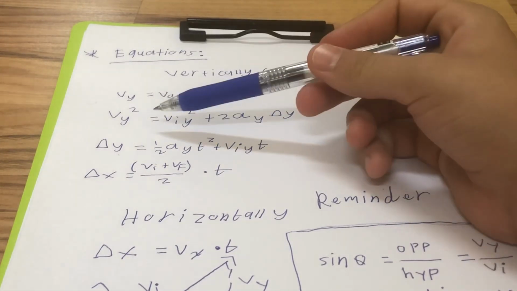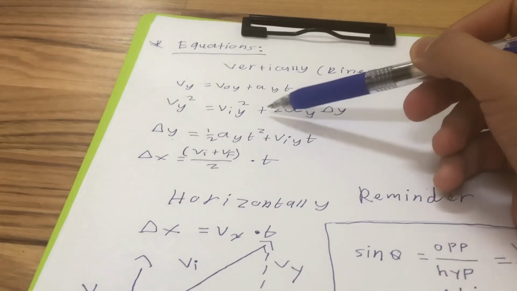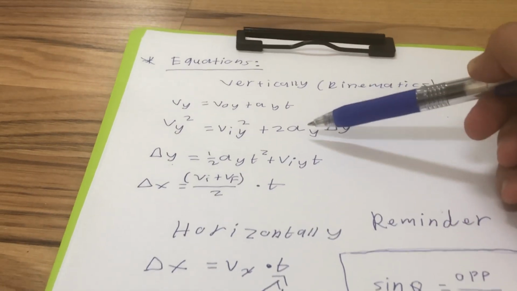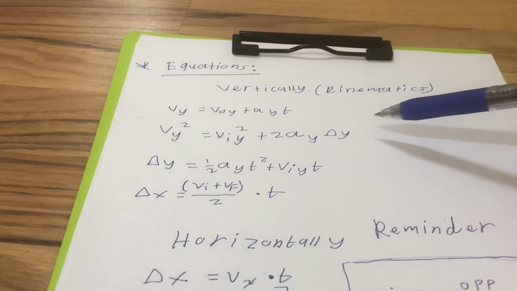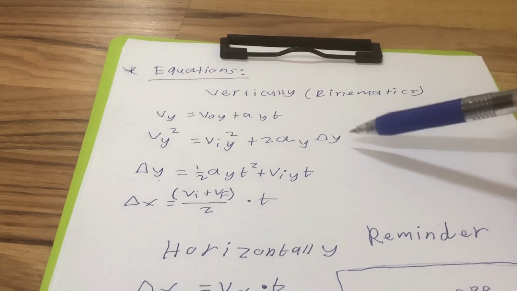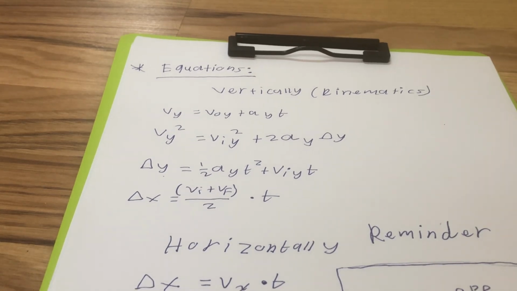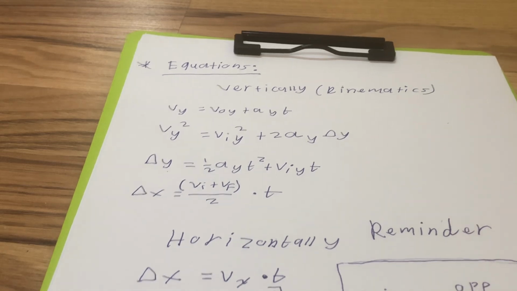V final squared is equal to the V initial squared plus 2 multiplied by acceleration multiplied by displacement, or delta y. Why not delta x? Because here we're talking about the y-axis.